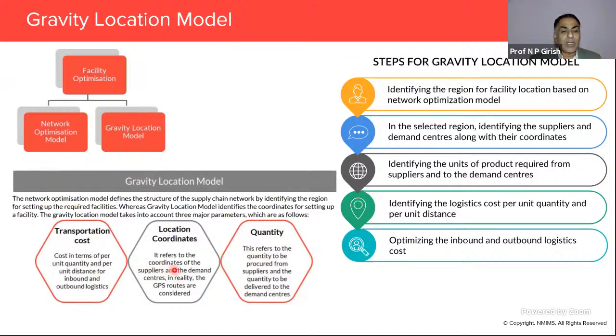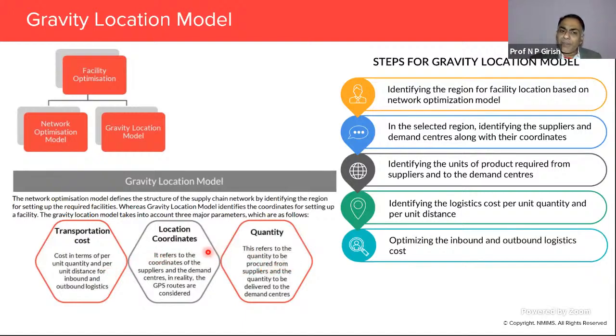It can't be actual. That is one of the limitations of this model, because as the coordinates change, between a small change, it won't be different. But if it's a long change, it's going to be different. There's another aspect which I'll come to later. Location, GPS coordinate. Where exactly do I really locate? Number two, quantity movement between demand center, supply center. These are the questions to be answered.